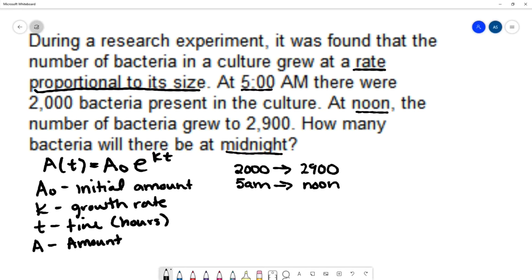We want to figure out how much time has passed. So the time that's passed is going to be 6 a.m. would be 1 hour, 7, 8, 9, 10, 11, 12. That's 7 hours. So from 5 a.m. to noon, that is 7 hours. T equals 7 hours. So with this piece of information, we're going to be able to figure out K, the growth rate.